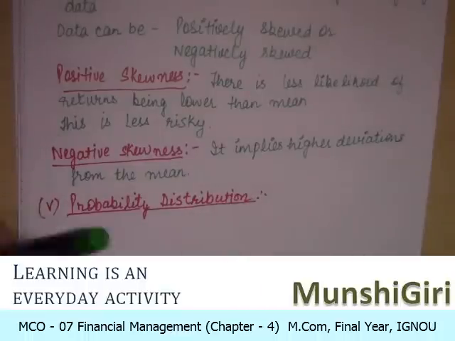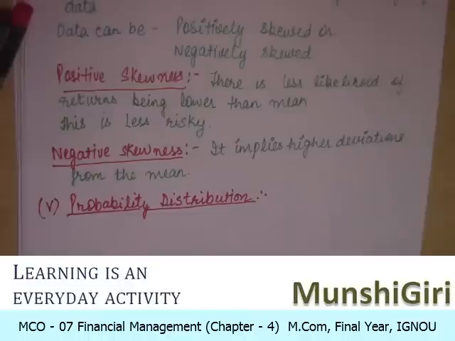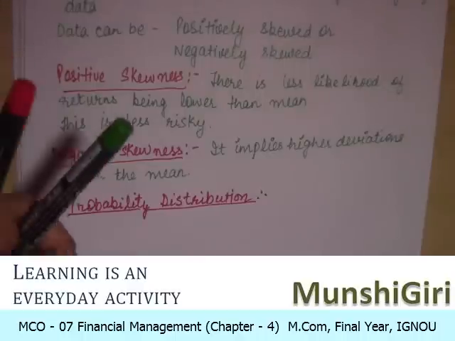Now you must have heard people saying that there is 30% probability of the stock going up. So probability distribution is a measure of someone's opinion about likelihood that an event will occur. Probability distribution is used to calculate expected return, that is X bar or mean.